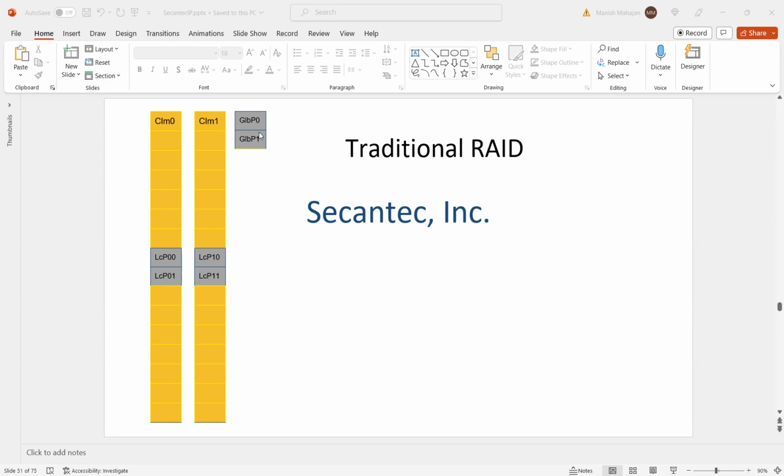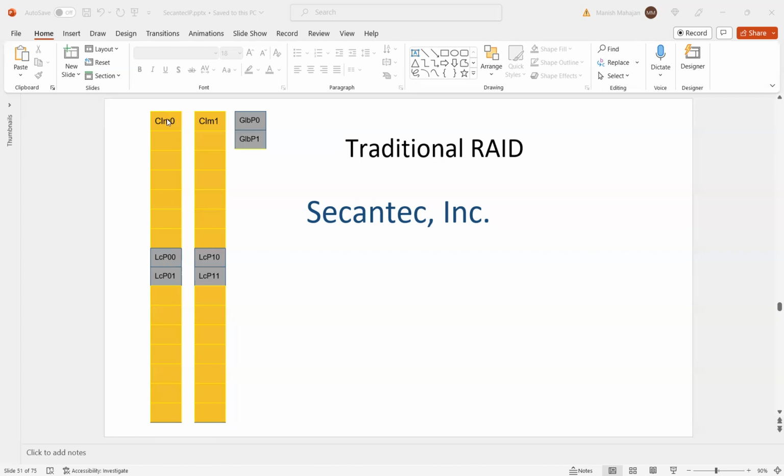Now, whenever there is a write, in the traditional Reed Solomon, the writes happen on the whole column, and all the drives are actually involved, participating with the new data to be written, and the new local parities are also calculated for that column.